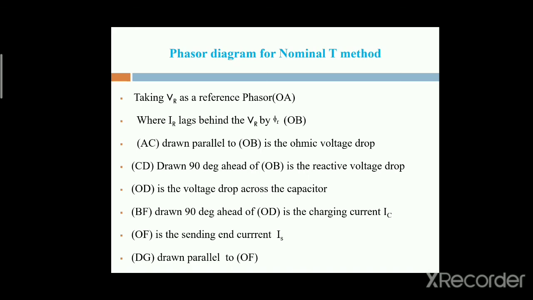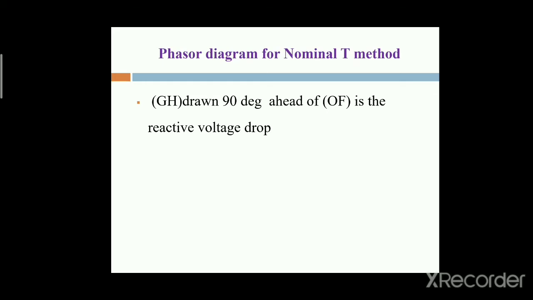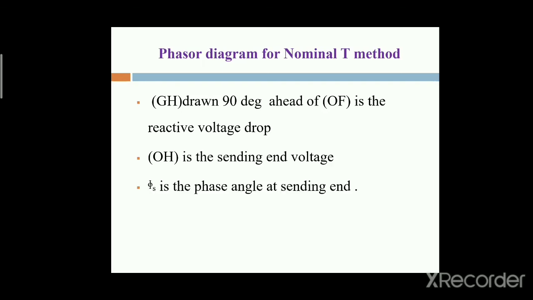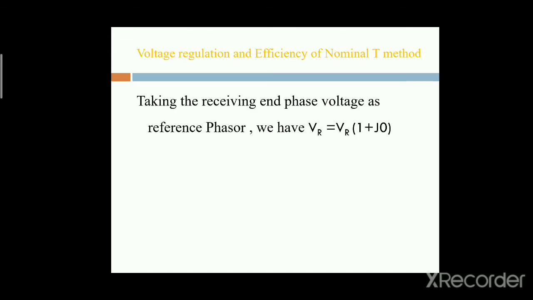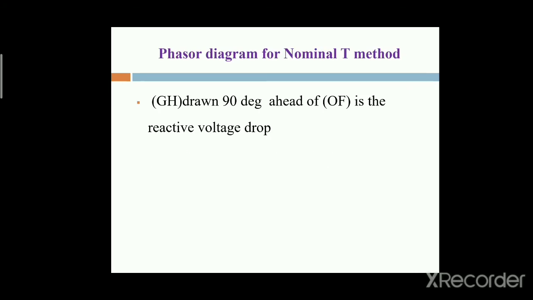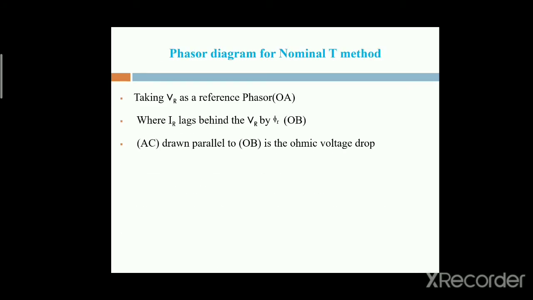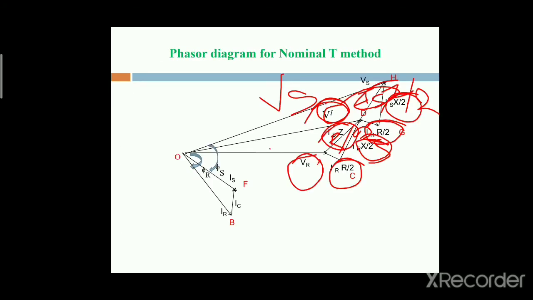Next, DG is drawn parallel to the OF. Next, GH drawn 90 degrees ahead of OF is the reactive voltage drop. Next, OH is the sending end voltage. Next, phi S is the phase angle at the sending end.